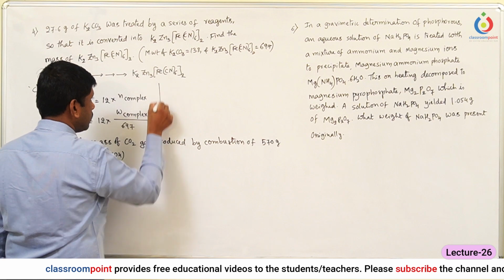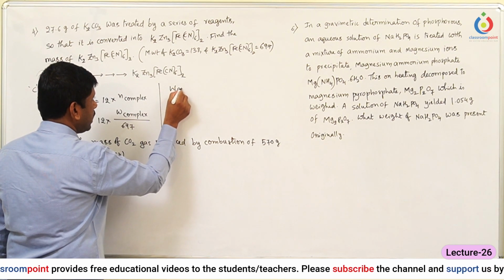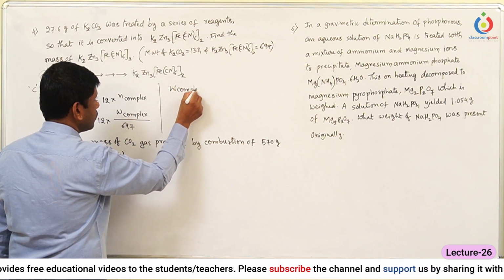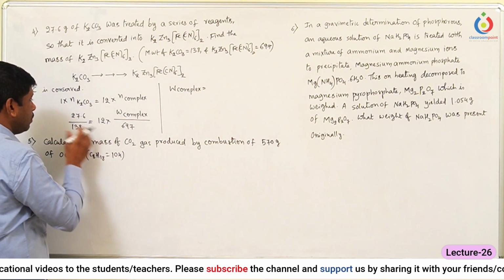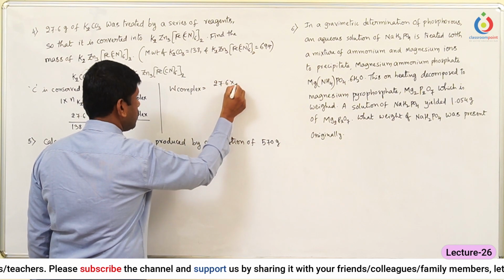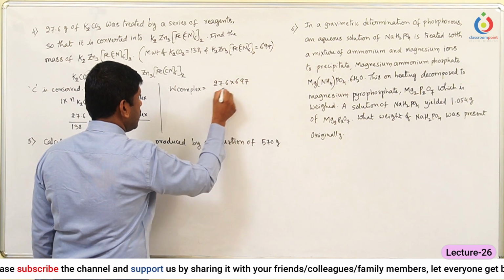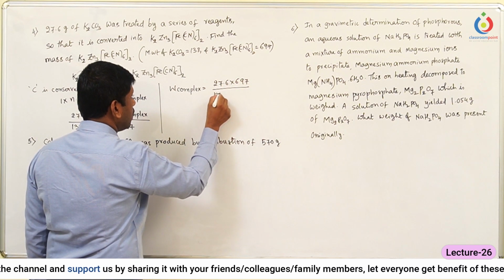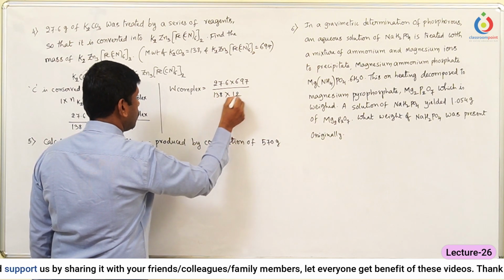Straight away we will get the answer. So the weight of the complex, by cross multiplication, is 27.6 into 697 divided by 138 into 12.